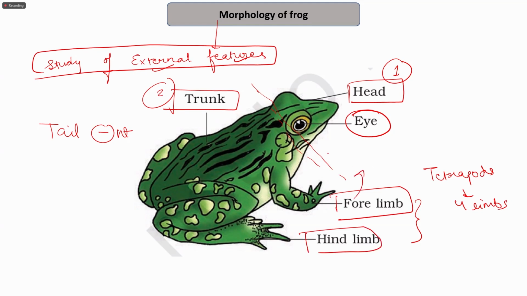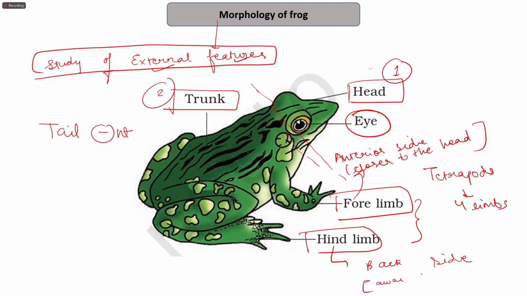Forelimbs are the ones present on the anterior side, closer to the head. Hind limbs are the limbs present on the back side, away from the head. Fine. So this is the general morphology of the frog: the body is divided into head and trunk, and the tail is absent.